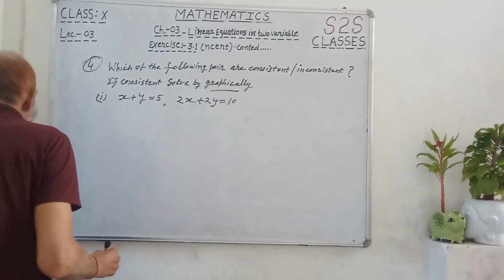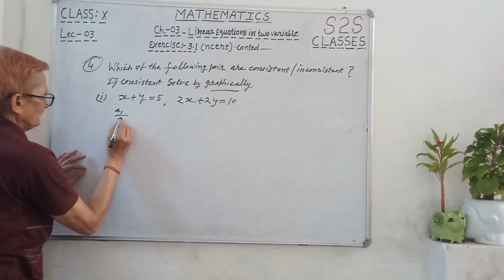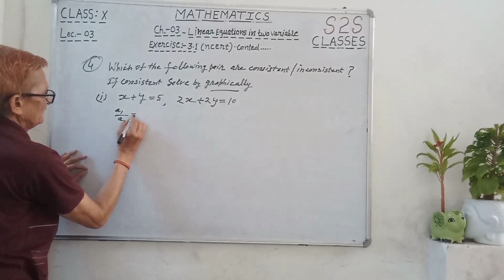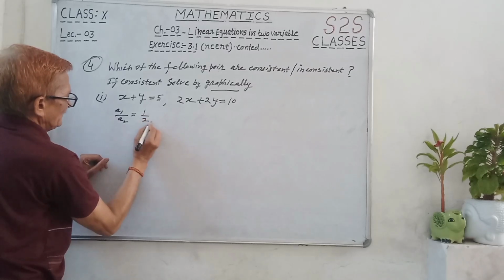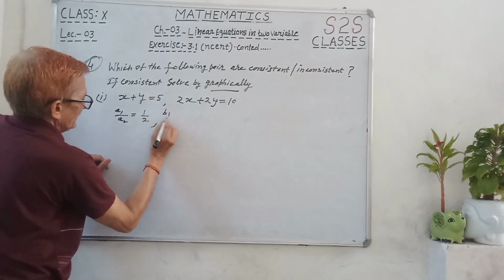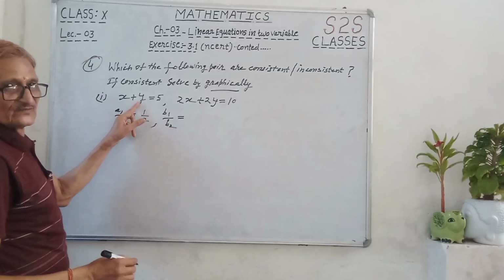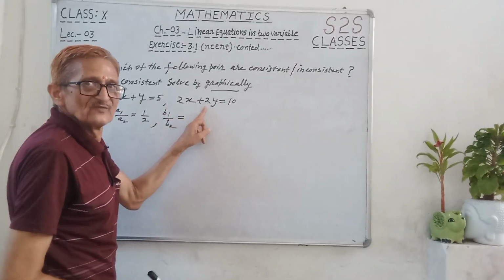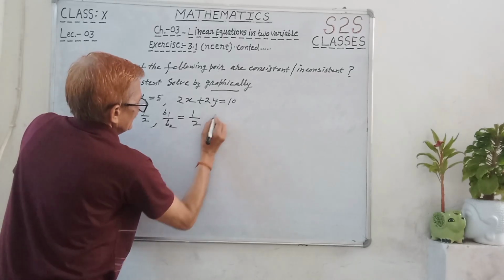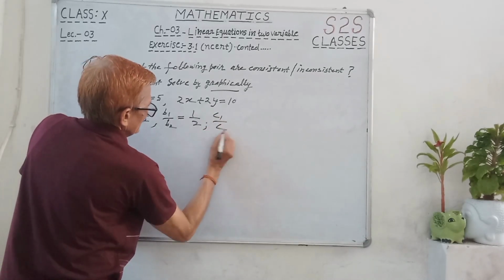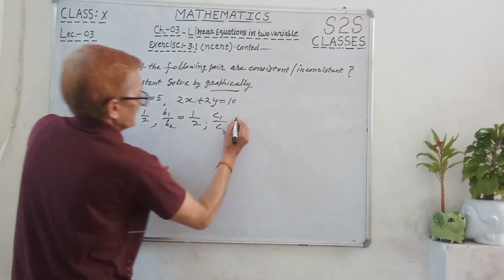It is clear that a1 upon a2 is equal to 1 upon 2, b1 upon b2, also the coefficient of y, 1 upon 2, and c1 upon c2, minus 5 upon minus 10.